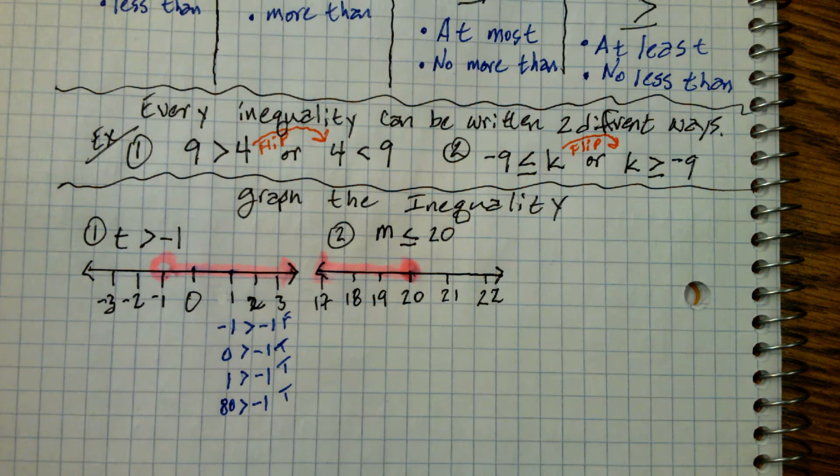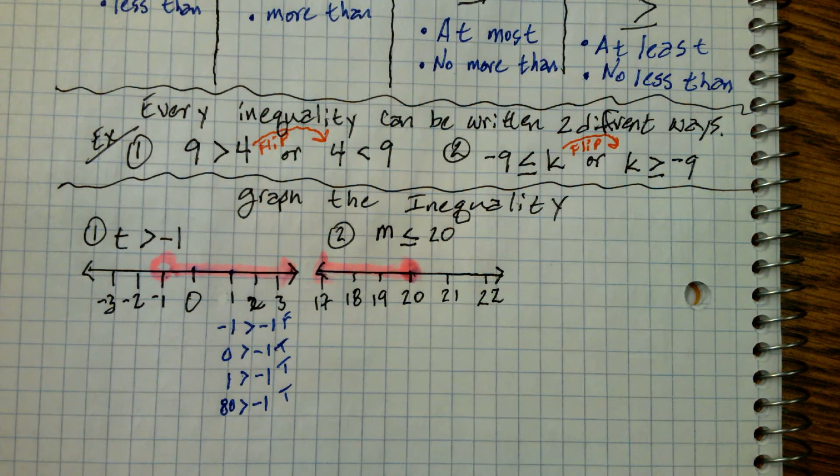Do you notice our variable's on the left and our inequality symbol, is it pointing left or right? I see it pointing left. Like this one, for the first one, I see it pointing to the right. So that's one of the reasons I like having the variable on the left.